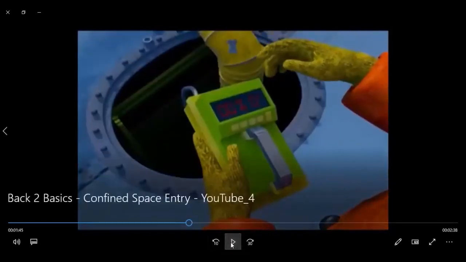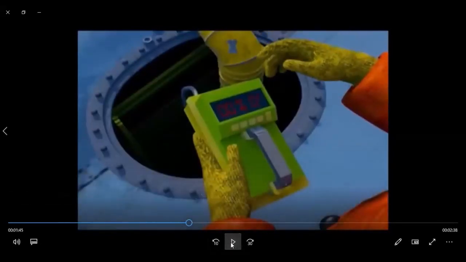There's also mechanical ventilation to use this confined space.